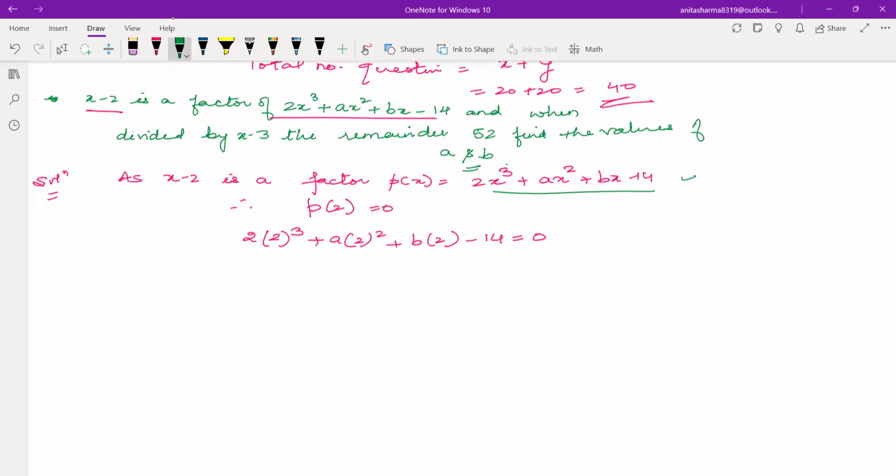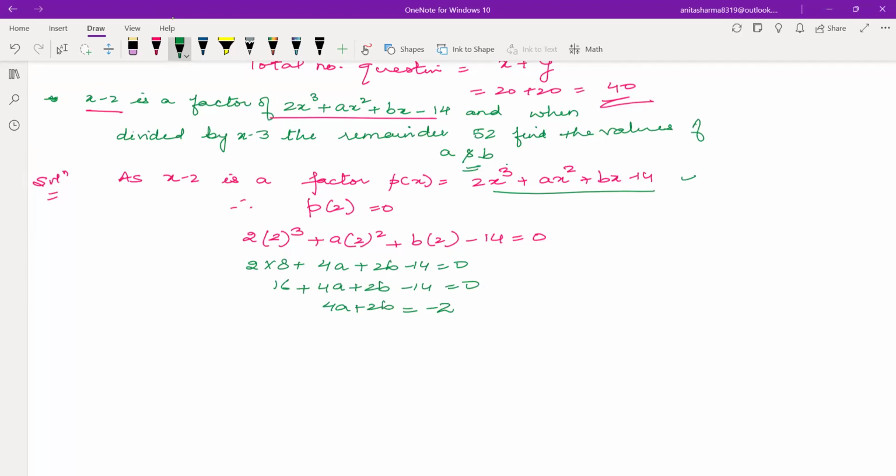So now solve. 2 cube will be 8, so 16 plus 4a plus 2b minus 14 is equal to 0. Or you can write 4a plus 2b equals 16 minus 14, so it will be equal to 2.